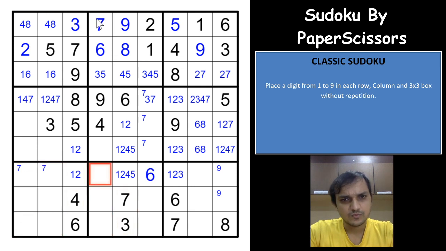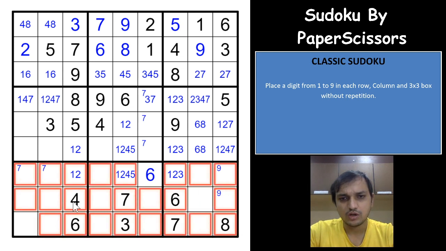1. 2 5 and 8. No. 3 4 5 and 9. 9 2 3 4 and 5. So all of these boxes or cells require 3 or more candidates here.